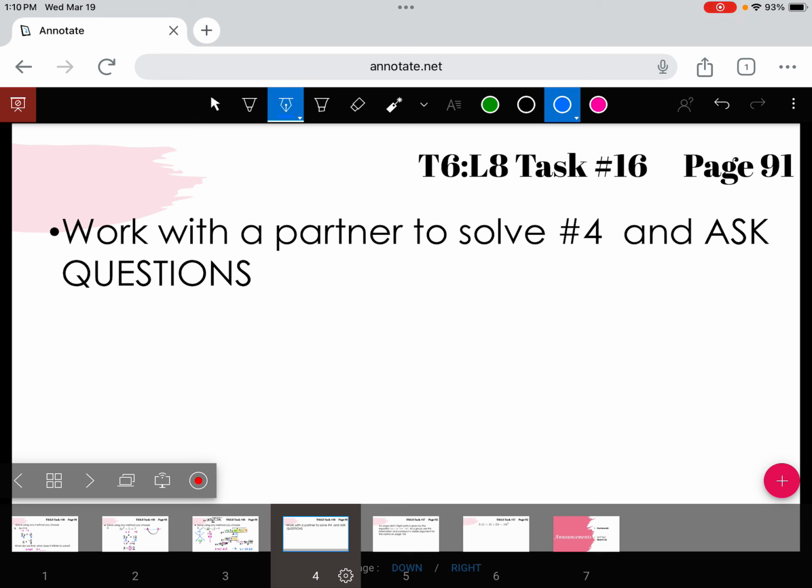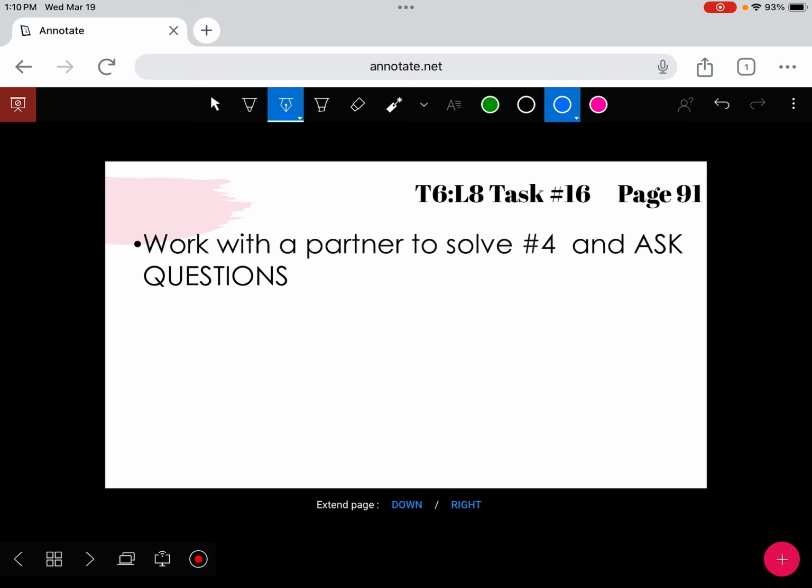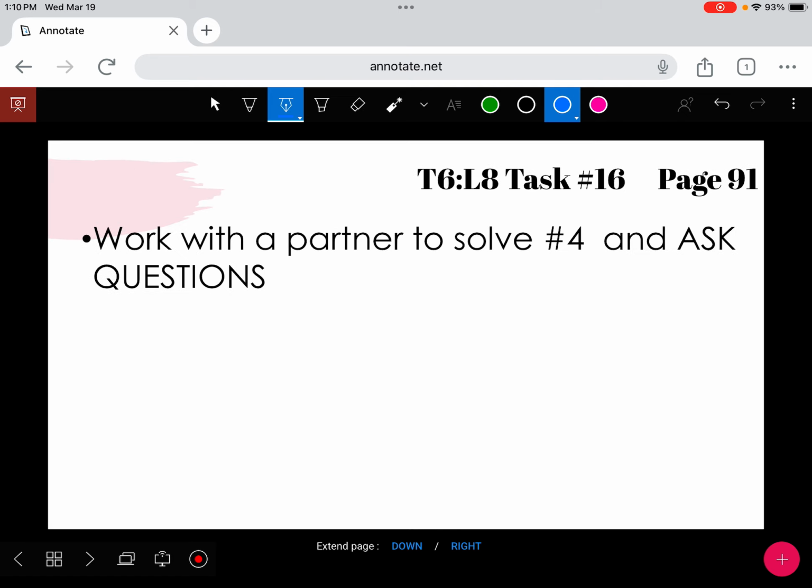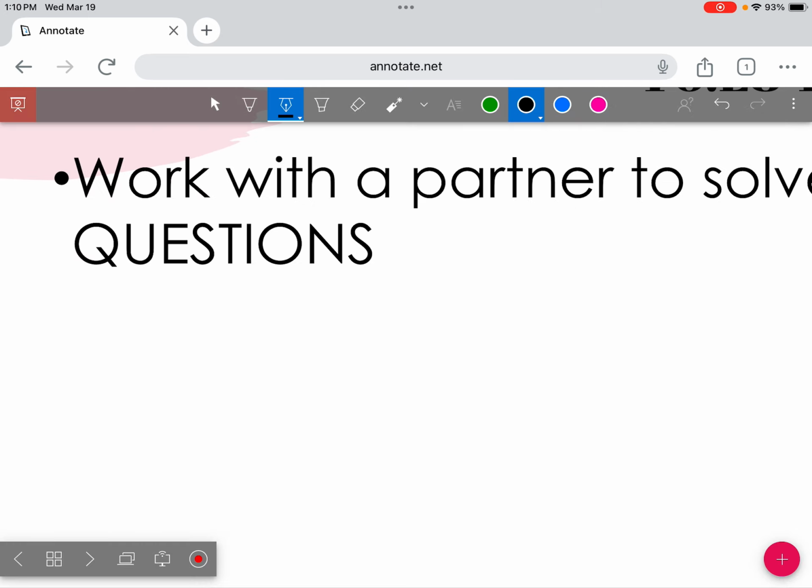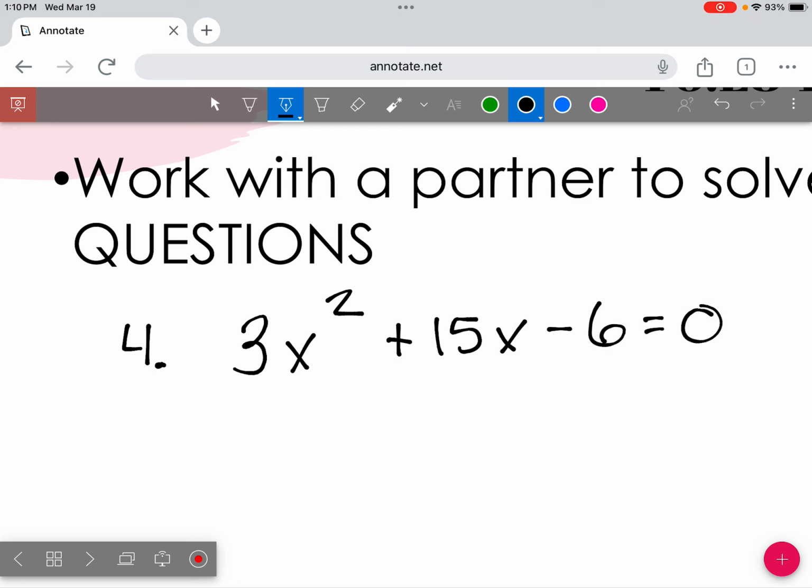Our two solutions here. Just because I don't have it up here: 3x squared plus 15x minus 6 equals 0.